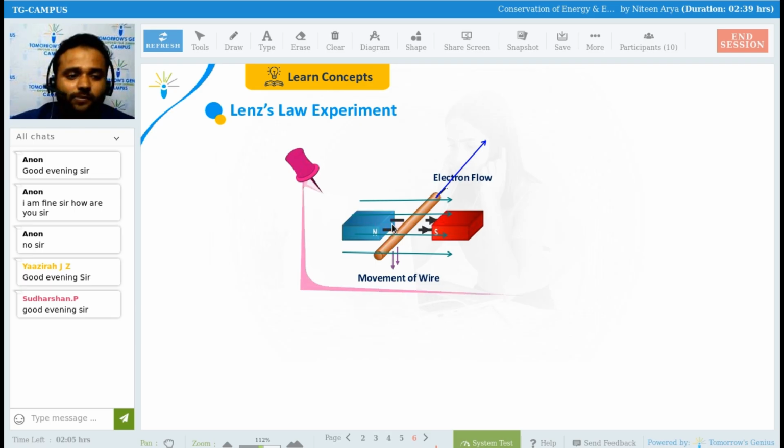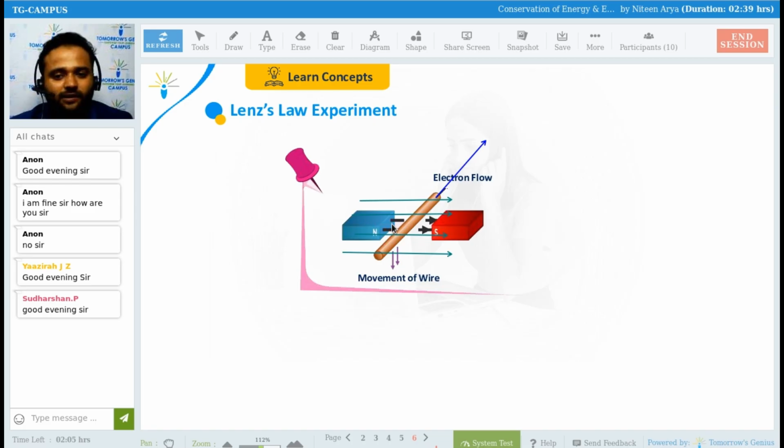As simple as that, and that is the basis of the AC generator. Clear? This particular picture describes this. We're going to understand this in more detail.